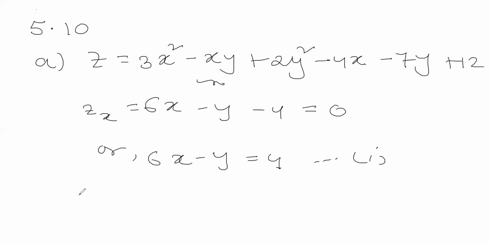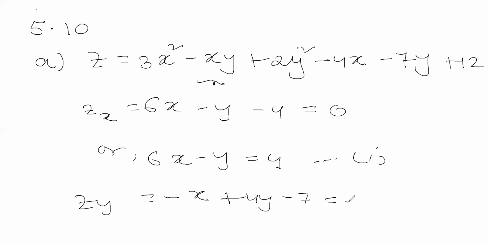Similarly, we need to solve for zy, and if we take the first order partial derivative of zy, then we get negative x plus 4y and then a negative 7.